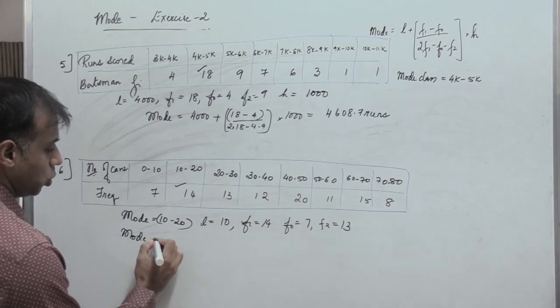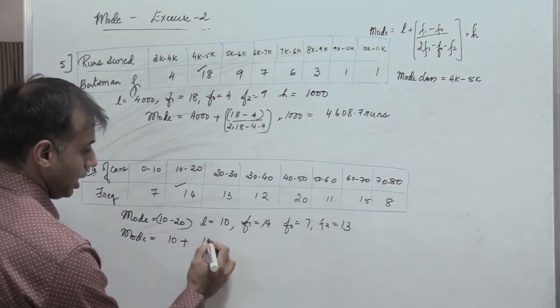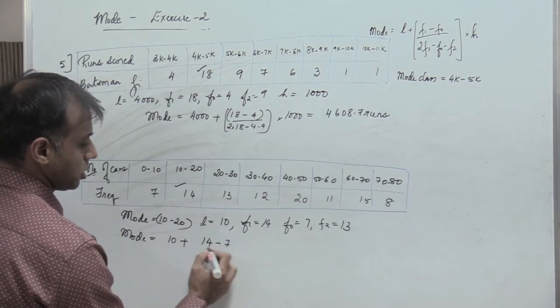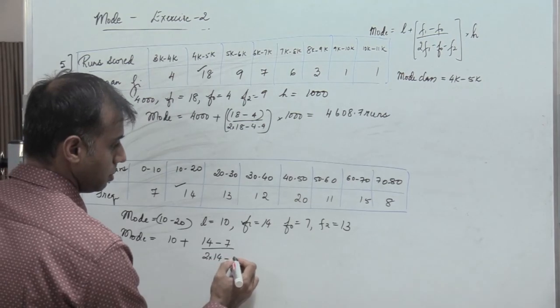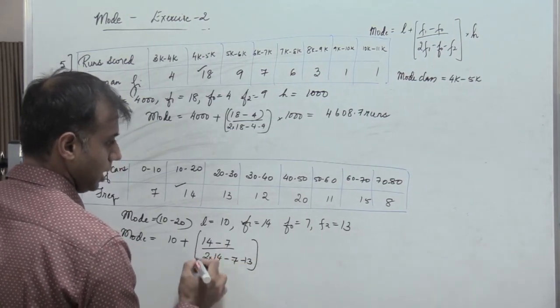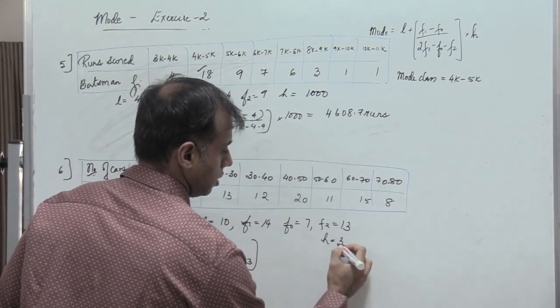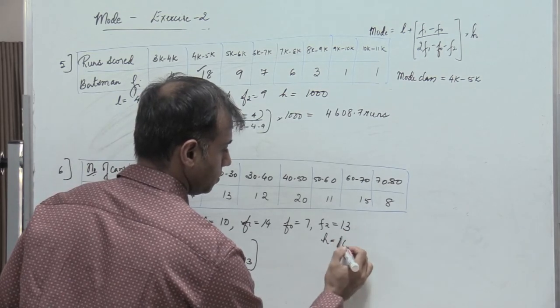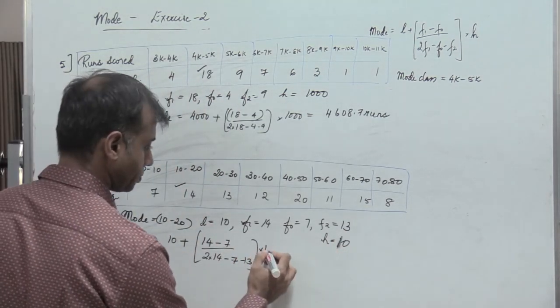So we calculate the mode value by using the formula. L is 40 plus F1 is 14 minus F0 is 7, divided by 2 into F1, which is 2 into 14, minus F0 is 7 minus 13, into H. So H happens to be 10 here, which is 50 minus 40, the size of the class interval.